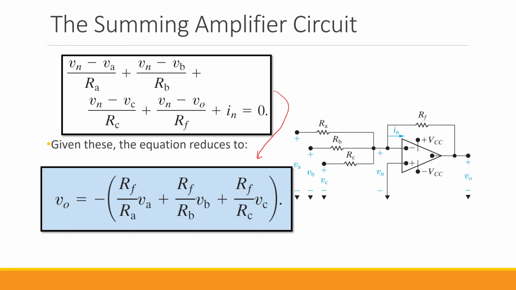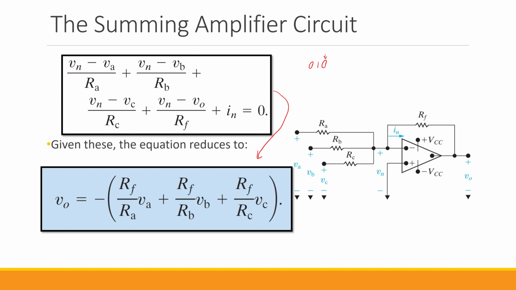One example was to have RF, RA, RB and RC be the exact same value. But a very useful application of this circuit is for digital to analog converters. For digital values, let's say you have a 3-digit number: 0, 1, 0.